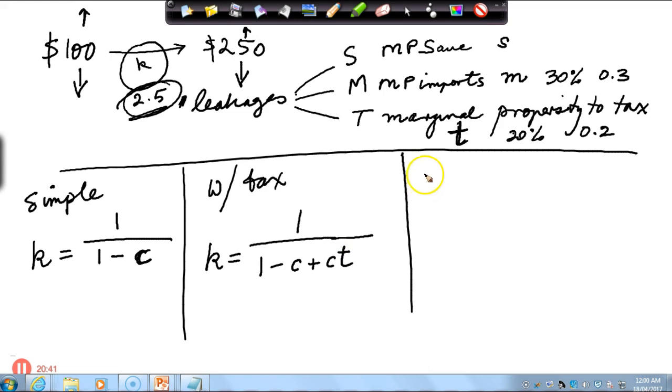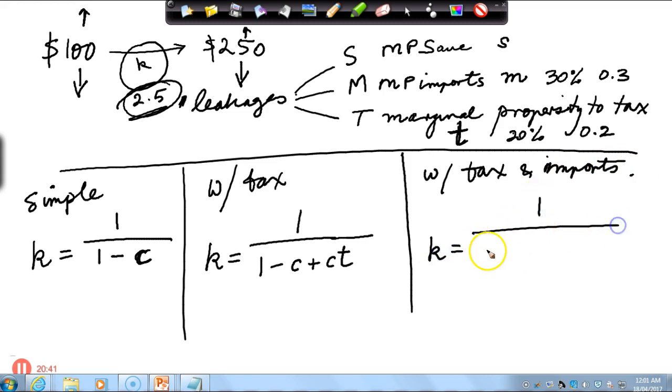And lastly, what if we want it with tax and imports? In that case, our multiplier would be 1 over 1 minus the marginal propensity to consume plus the marginal propensity to consume multiplied by the marginal propensity to tax, plus the marginal propensity to spend on imports.